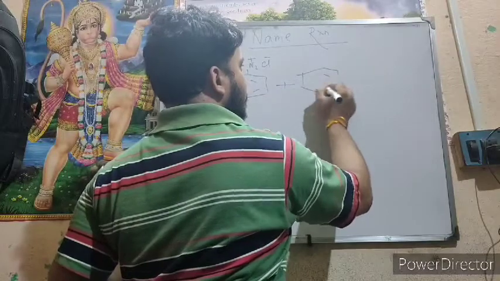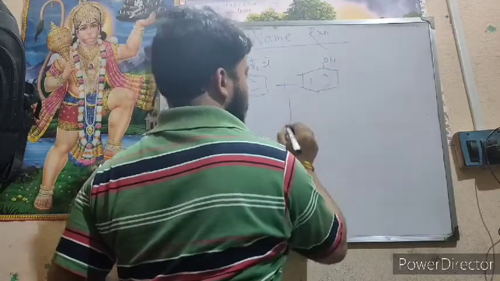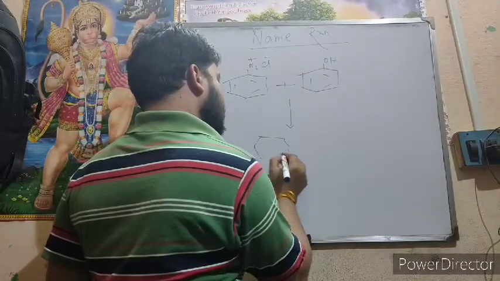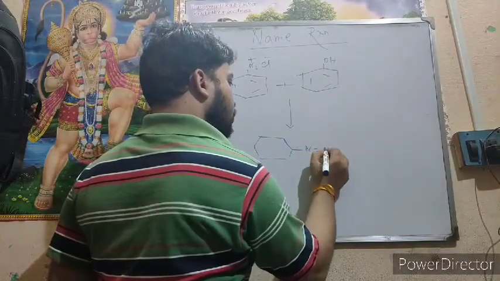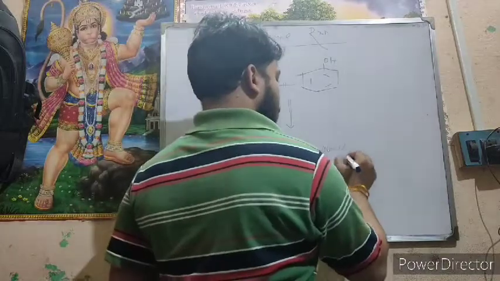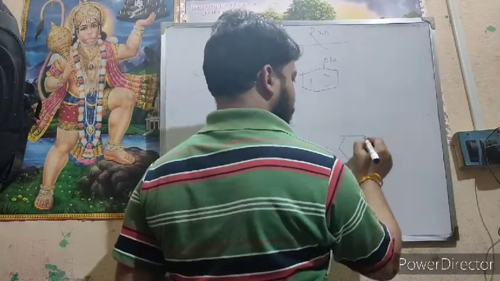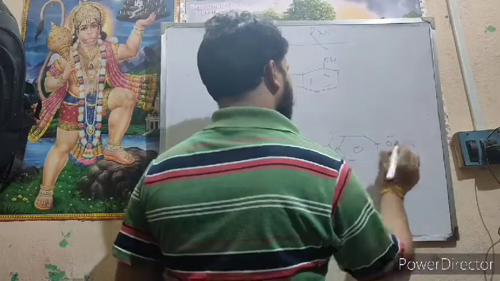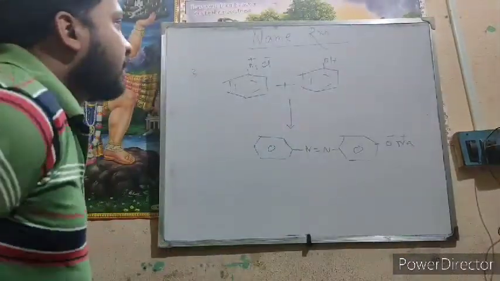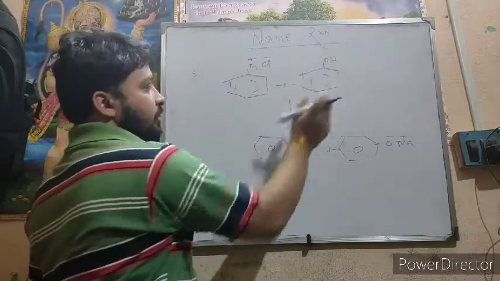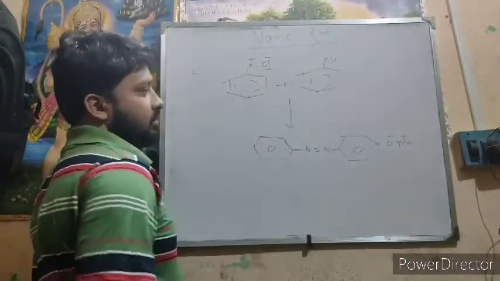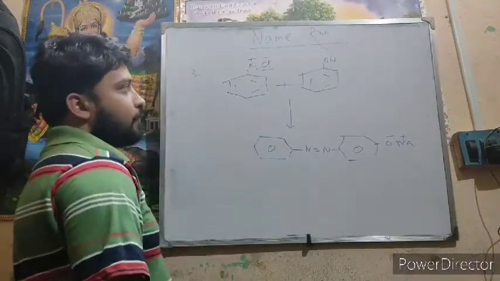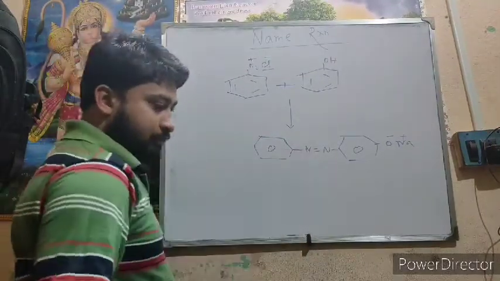You write benzene diazonium chloride with phenol, and you get benzene N double bond N, benzene with O minus Na plus. So this is the coupling reaction. The Cl is removed from here by using NaOH, and you get this product.